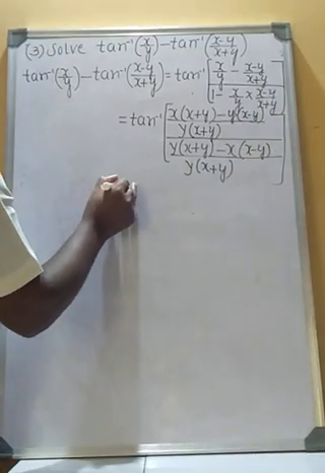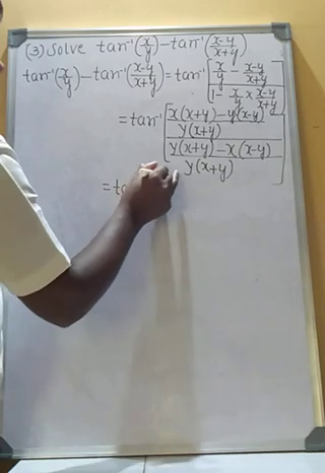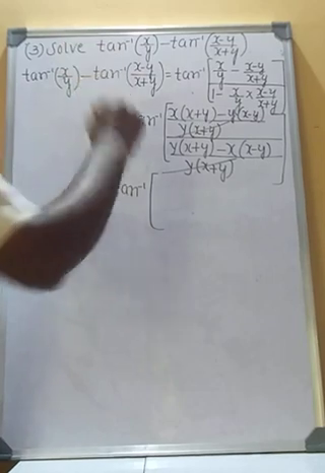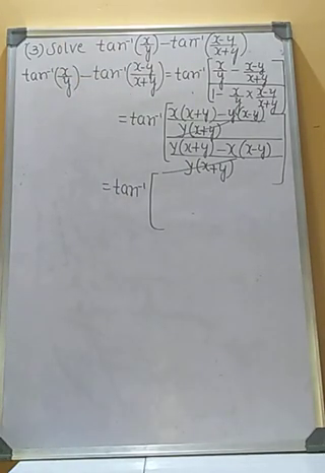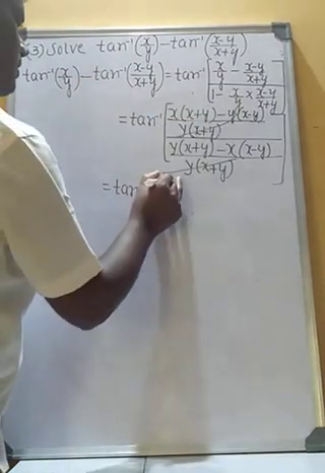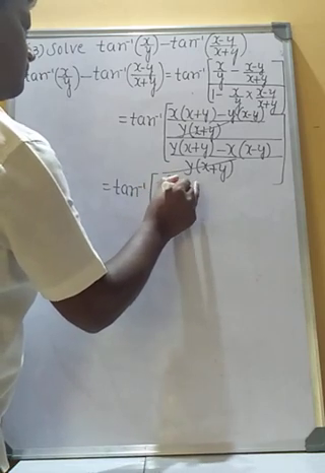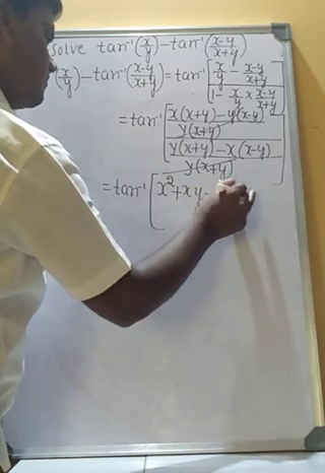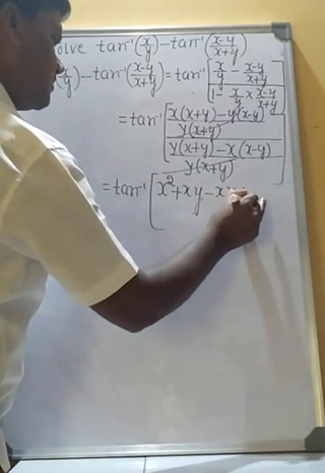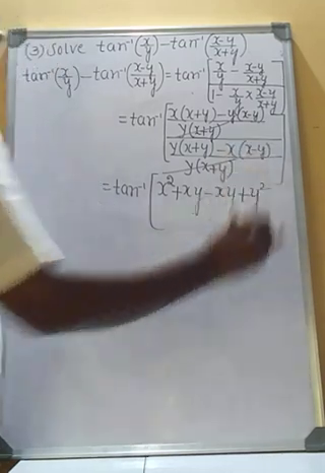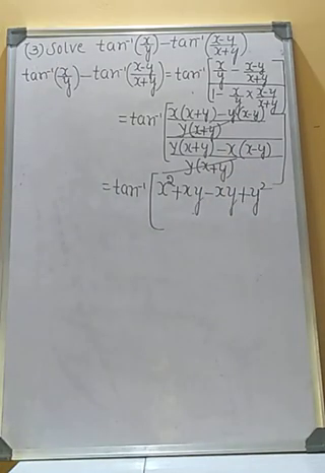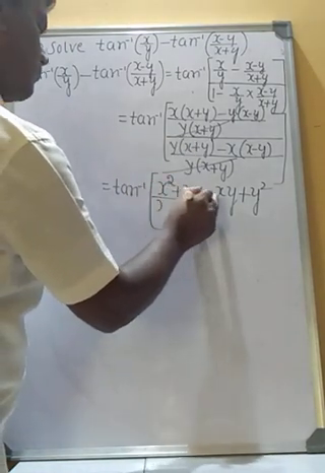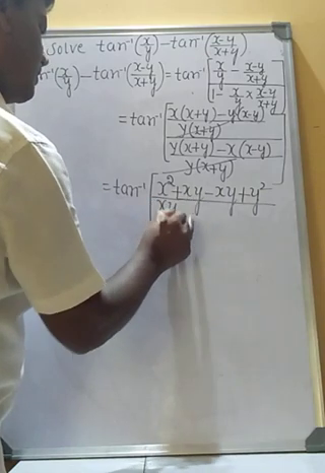That is equal to tan inverse of, y into (x plus y) in the denominator cancels. x into x is x square, plus x into y is xy, minus y into x is xy, minus into minus becomes plus y into y, y square. Denominator: y into x, xy or yx, plus y square minus.